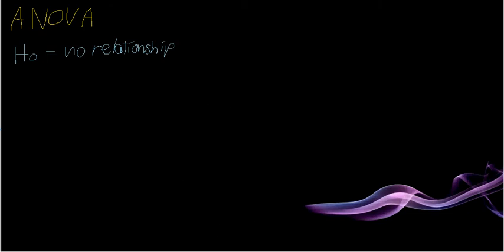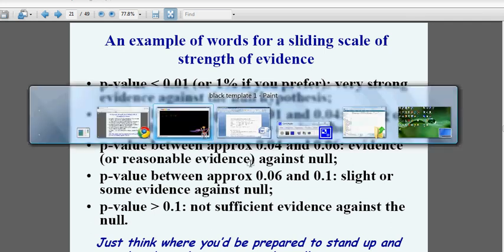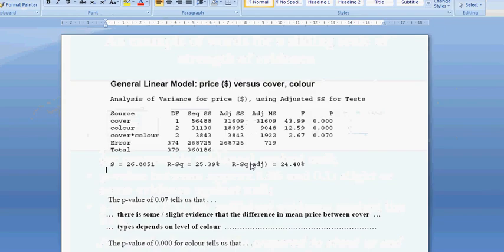If you remember, a low p-value gives very strong evidence against the null hypothesis. So if it's low, it's got to go. You can see here this is very low, which rejects the null hypothesis of no relationship, so there is a relationship.